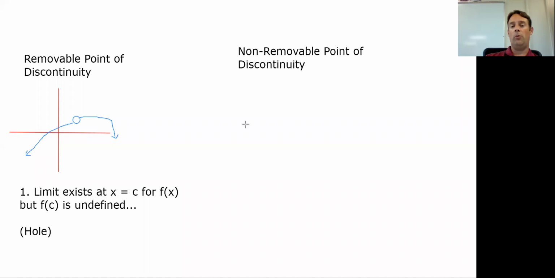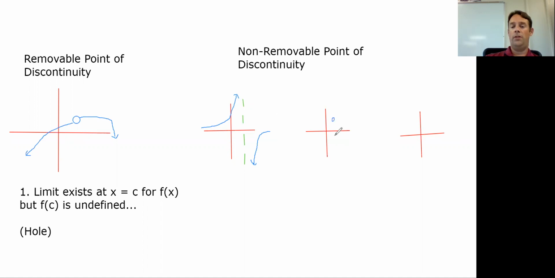Now, for non-removable point of discontinuity, there were three. The first one is the one most people think of, the vertical asymptote. So the graph comes up, never reaches it, graph comes down, never reaches it. So this one, the limit doesn't exist.